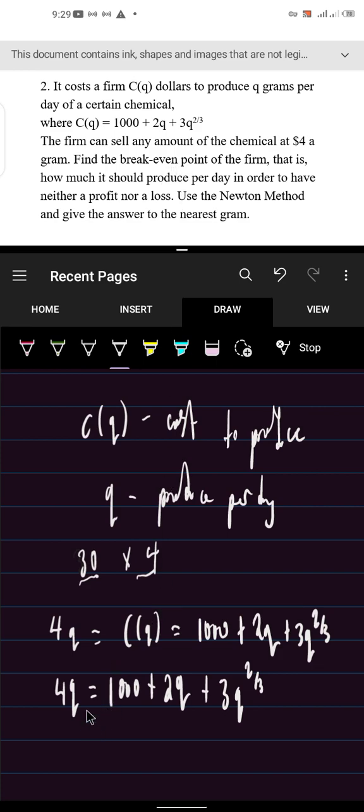Now what this means is that we can solve for Q. Remember, Q is the produce per day, and the question is asking how much it should produce per day. Find the break-even point, that is how much it should produce per day.